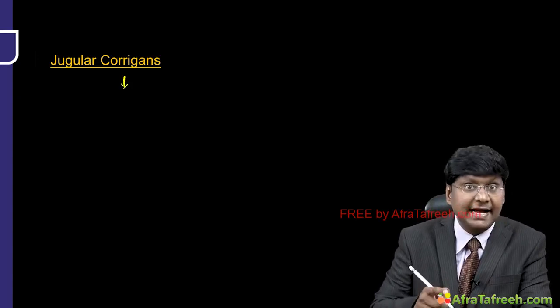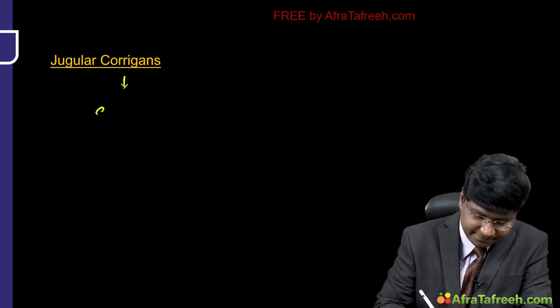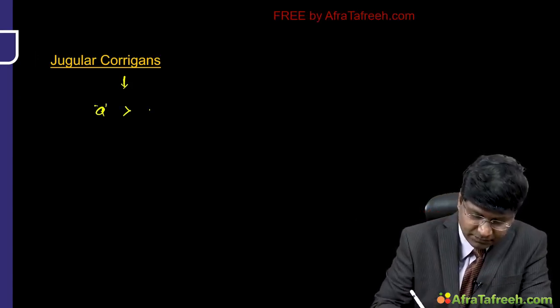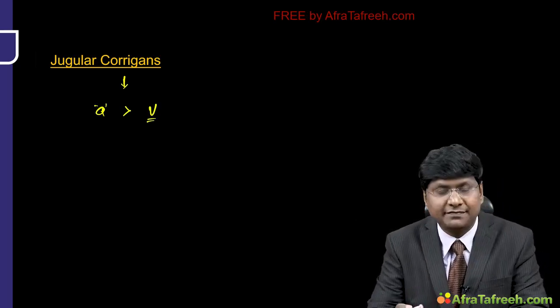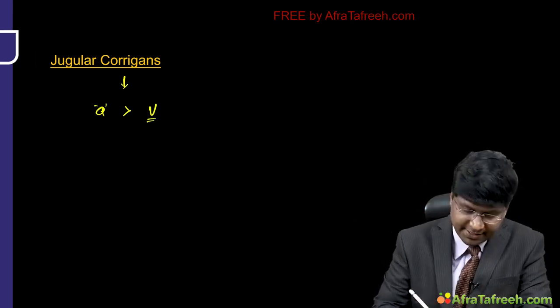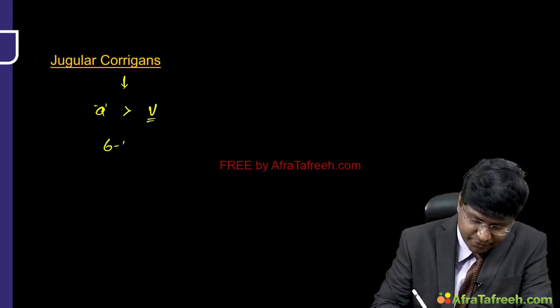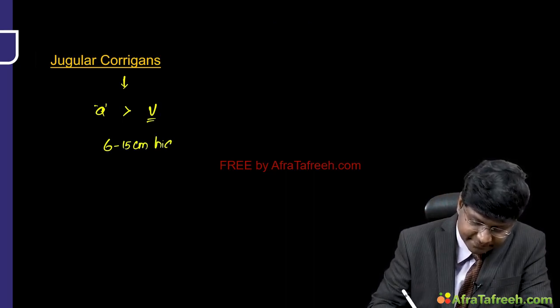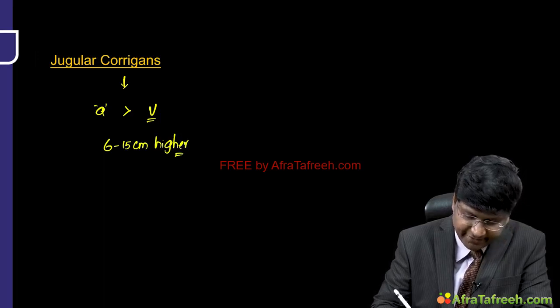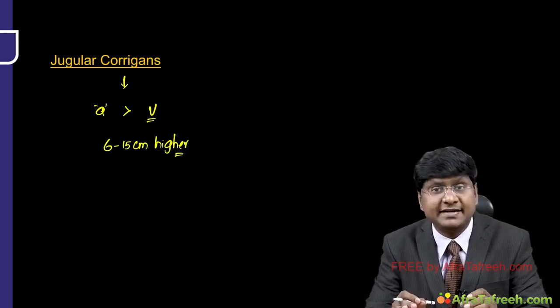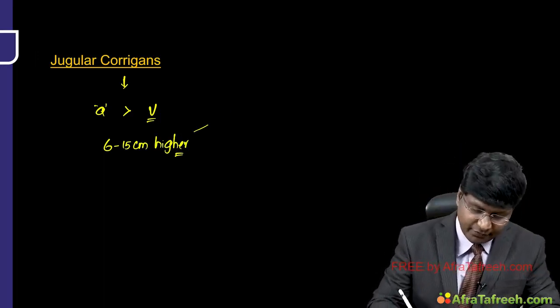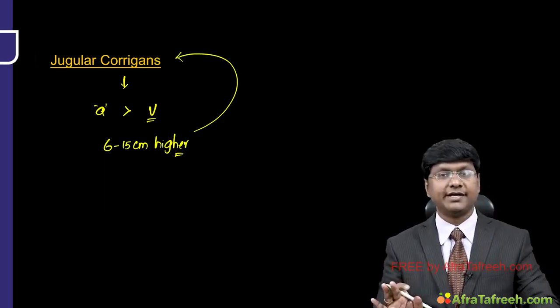But if the amplitude of the A wave is much more than the V wave, and how much should it be? The A wave amplitude should be 6 to 15 centimeters higher. Right, if the A wave amplitude is 6 to 15 centimeters higher, then we call this the jugular corrigens.